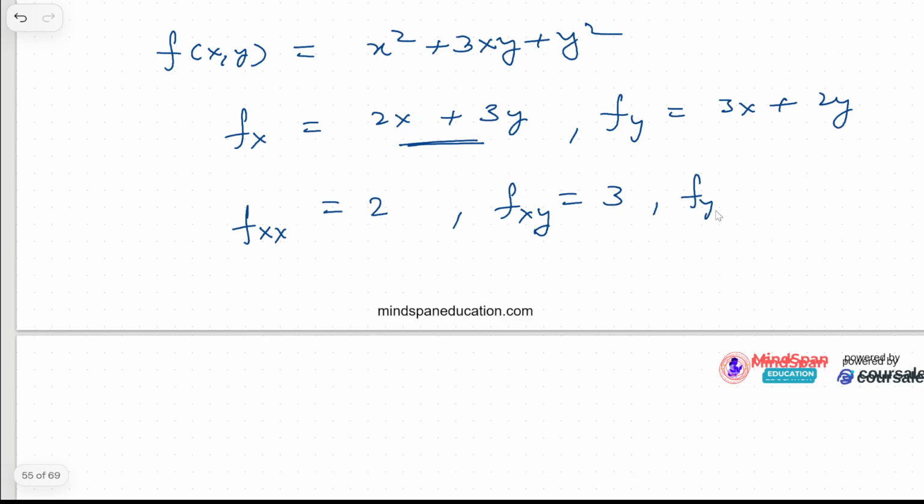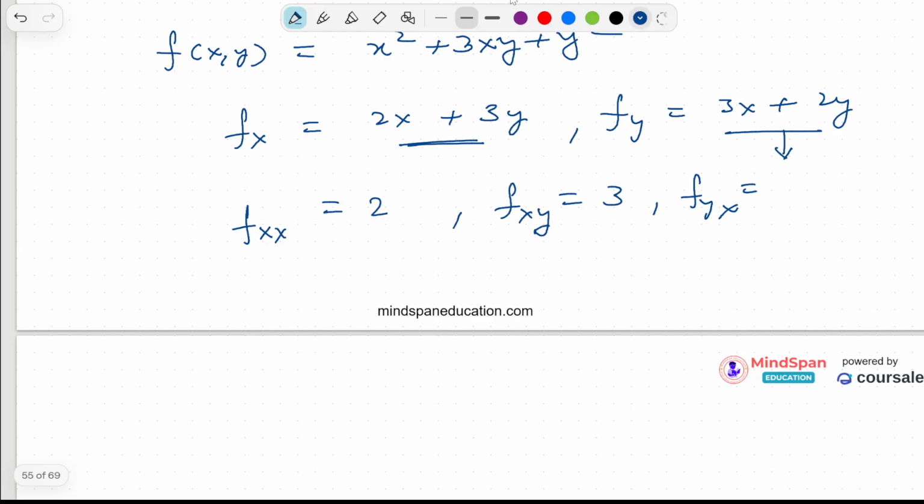Similarly, if we calculate fyx, means first we have to take fy and then calculate the partial derivative with respect to x, right? Then how we will do that? We'll do that like this. Fyx means this function. So x is the real hero and everything is constant. So we will get 3. And fyy, y is the real hero, everything is constant, means 2, right?